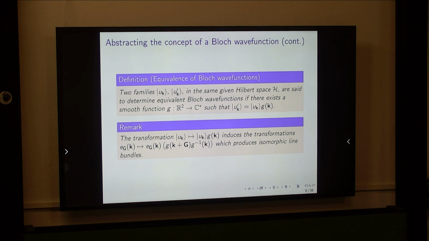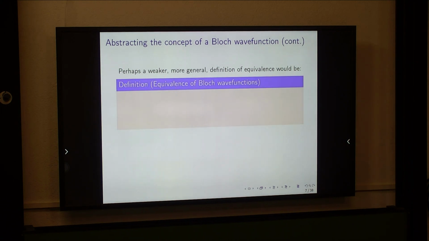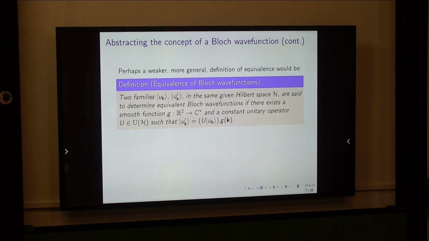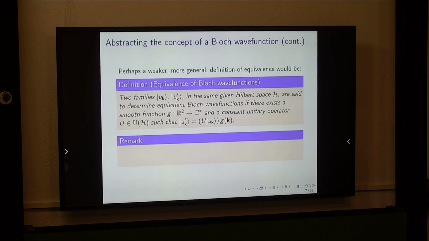And now, going back to your comment, perhaps a weaker and more general definition of equivalence would be: two families U_k and U_k prime in the same given Hilbert space are said to determine equivalent Bloch wave functions if there exists a smooth function and a constant, this is important, constant unitary operator such that this holds. And U has to be constant, otherwise you'll see that things will fail. Okay, so let us move on.